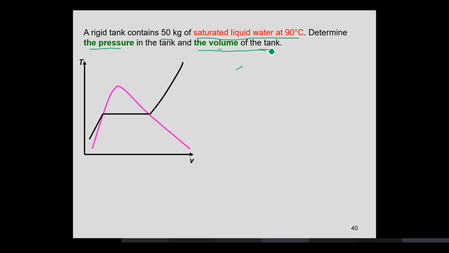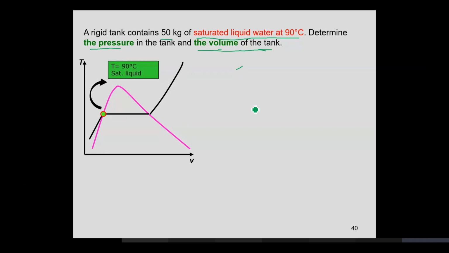Saturated liquid water at 90 degrees centigrade. You will directly go to table A4 and read the reading against 90 degrees centigrade. This is your condition: 90 degrees centigrade saturated liquid.